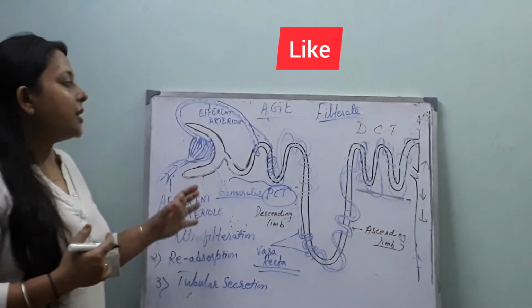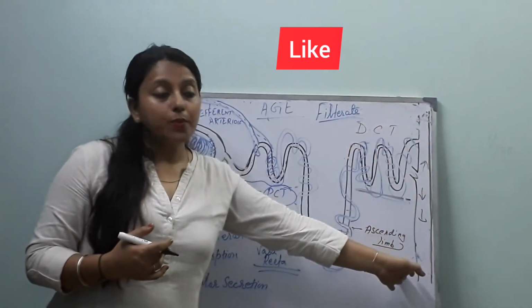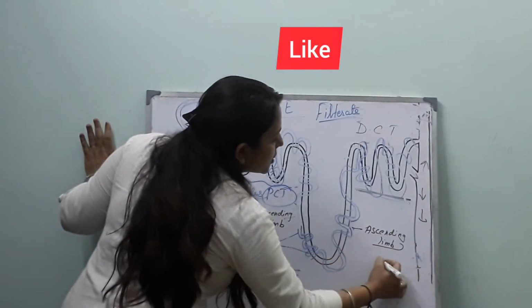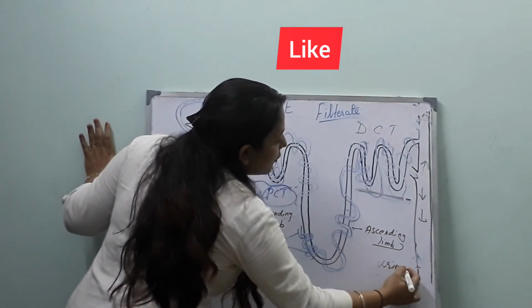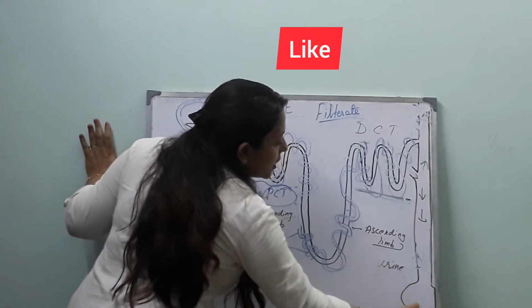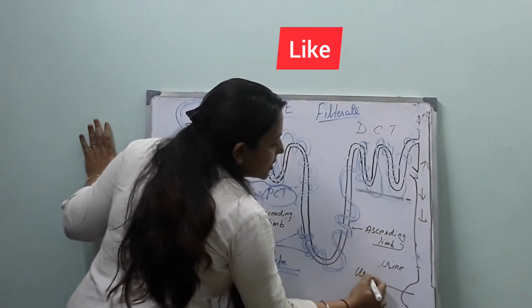Ultimately urine is collected in the collecting tubules, and at the end of the collecting tubule, urine is formed, and from here it collects into the urinary bladder.